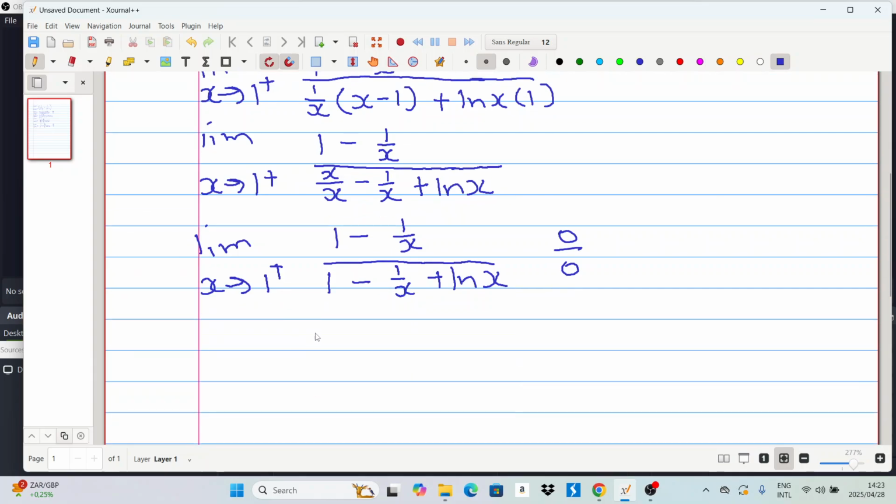And then we're going to do the derivative of the top part and the derivative of the bottom part again. So we're going to have the limit as x approaches 1 plus.